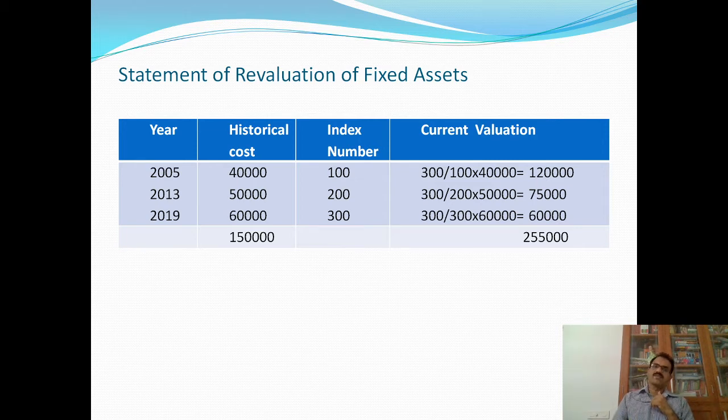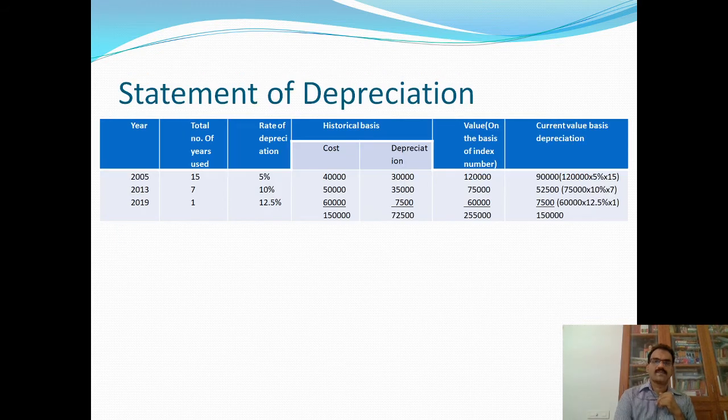The next plant was purchased in the year 2019. 60,000 is the historical cost, index number 300 at the time of purchase. So the current valuation will be 60,000 into 300 divided by 300, equal to 60,000. So current valuation total is 2,55,000. Historical cost total is 1,50,000.